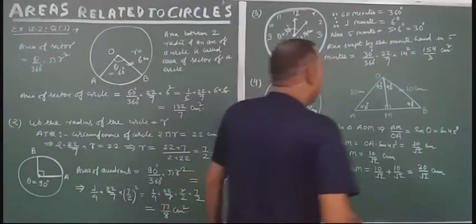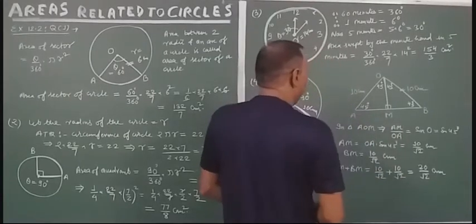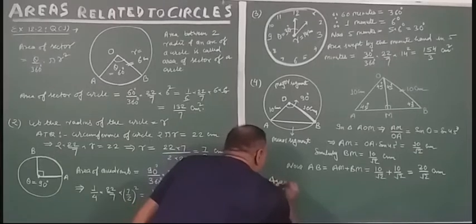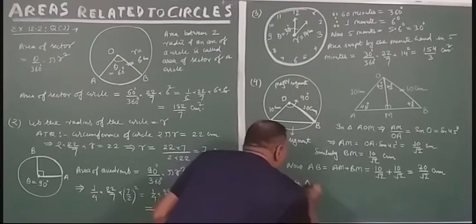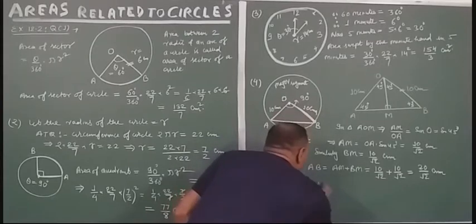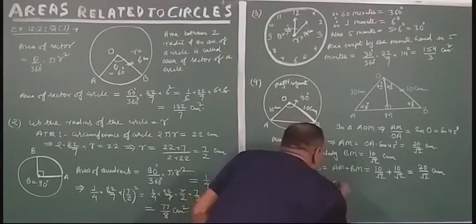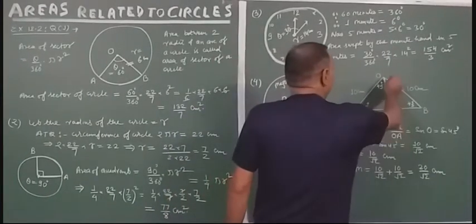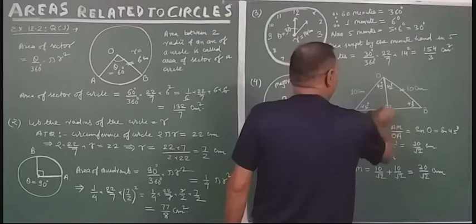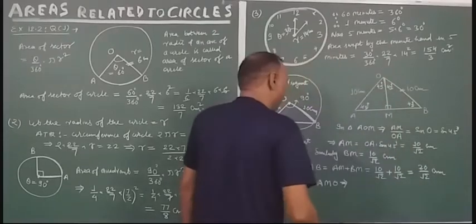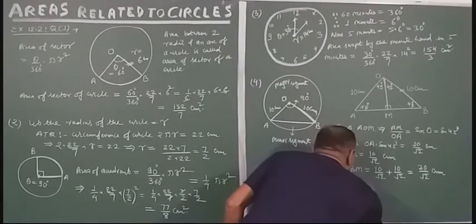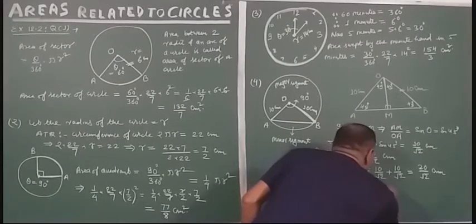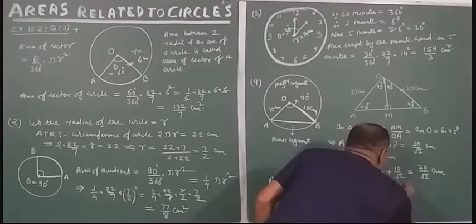Again, in triangle AMO. Now this one, OM upon AO, this is cos 45.